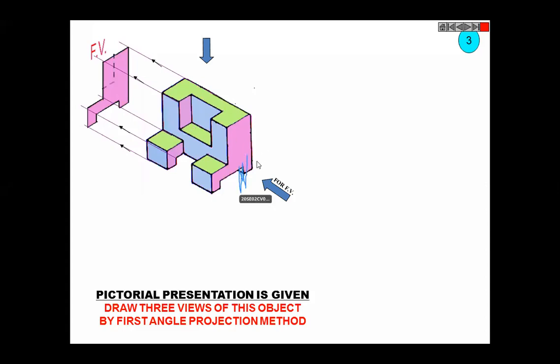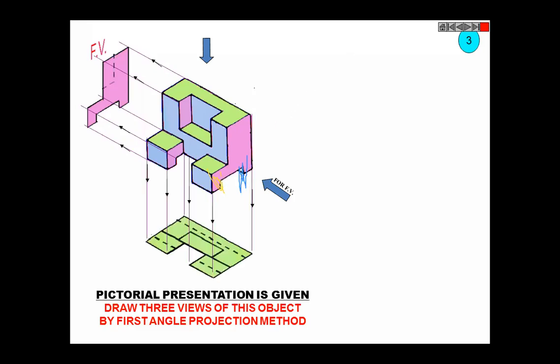Yeah, this is correct. This is what's shown with the blue line, that is correct. What is another line? Yes, correct. The two bottom corners will be hidden lines that we will see now.